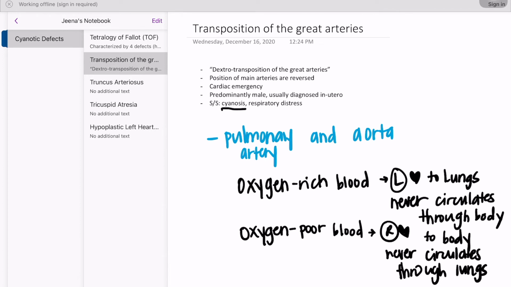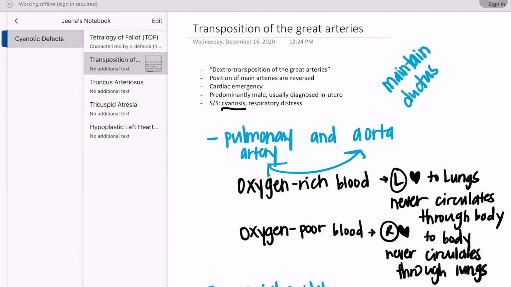It's a surgical procedure called the arterial switch. So they just pretty much flop the vessels to where they're supposed to go. But before we get to the surgery, it is important to maintain, this is another ductal dependent issue, maintain the ductus arteriosus open.